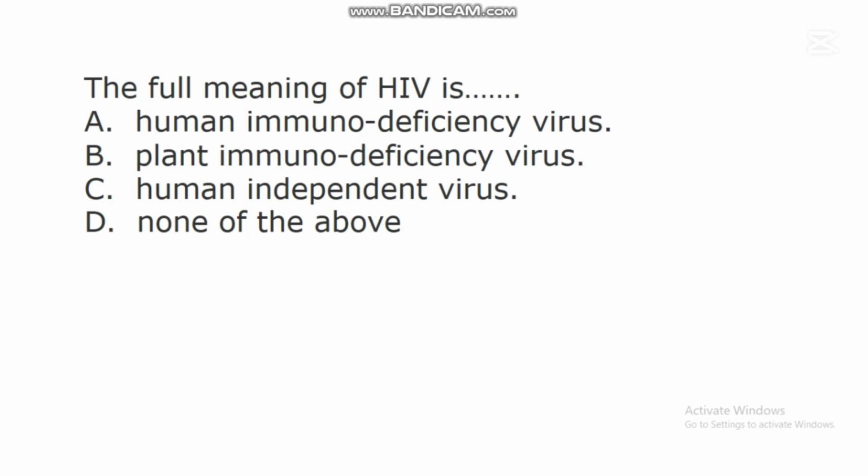In this question, the correct answer is A, human immunodeficiency virus. Human immunodeficiency virus is the virus which we call HIV, and this HIV can affect the cells of an individual negatively.